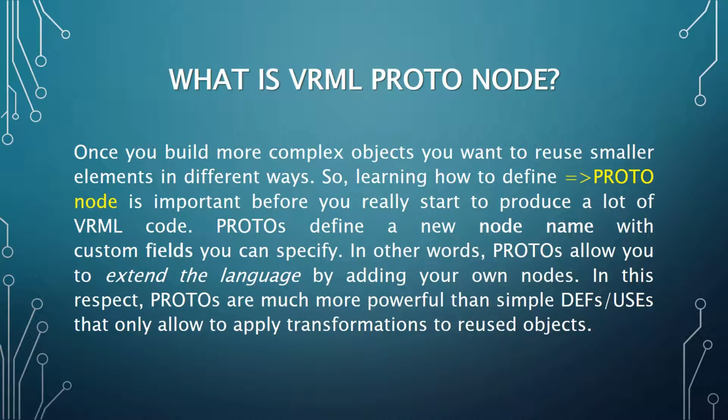In this respect, protos are much more powerful than simple DEF and USE nodes that only allow you to apply transformations to a reused object. So with prototypes, you can do a lot more things. You can do complex programming, create multiple nodes, and create multiple objects of similar types, and you can change the logic, the animation timing, the color, and so many things you can experiment with protos.